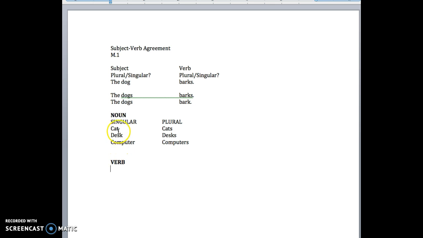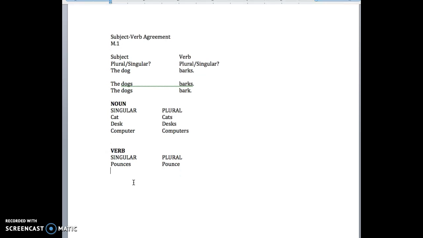If you're going to say the cat, you're going to use the verb to pounce, you would say pounces, right? The cat pounces. The cats pounce. The desk sits versus the desks sit. The computer works versus the computers work. You may notice the S is added to make something plural if it's a noun.